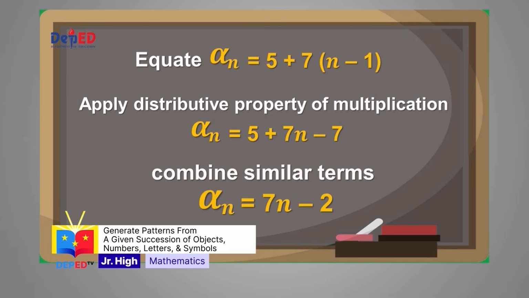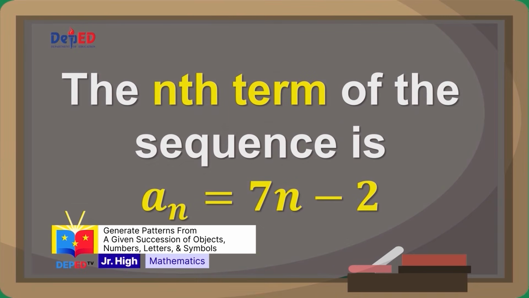Then, apply distributive property of multiplication, so that's a sub n is equal to 5 plus 7n minus 7. Finally, combine similar terms. That's a sub n is equal to 7n minus 2. Therefore, the nth term of the sequence is a sub n is equal to 7n minus 2, where n is equal to 1, 2, 3, 4, 5, and so on.